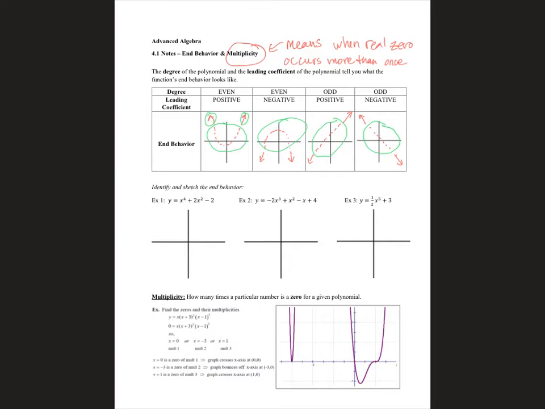Okay. Examples 1, 2, and 3. Identify and sketch the end behavior. I would strongly encourage you guys to pause this video, please, and do all three of these yourself, because after you unpause this, I am going to have all of them done for you. You can check it, and we can move on since this is something we did yesterday.